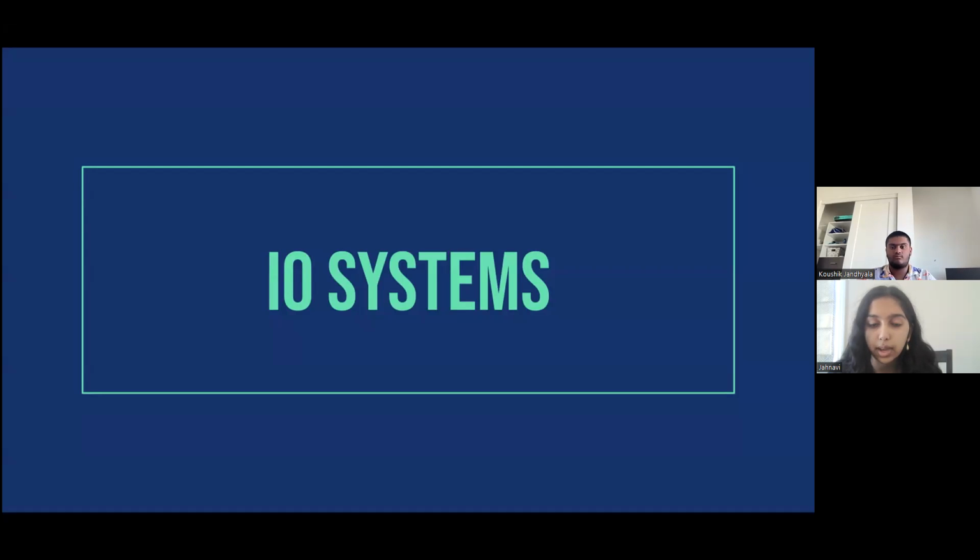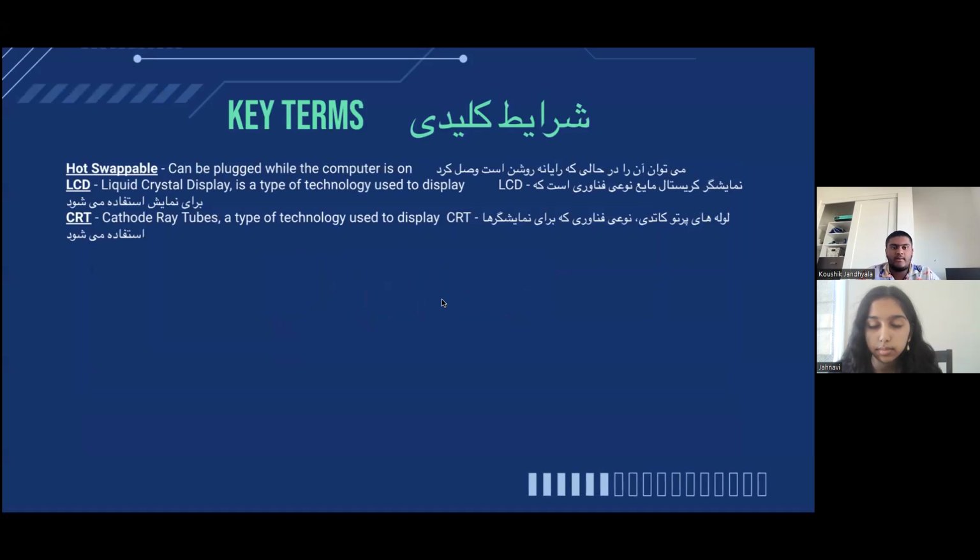Okay, so next we have I/O systems. Some key terms in I/O systems are hot swappable, LCD, and CRT.